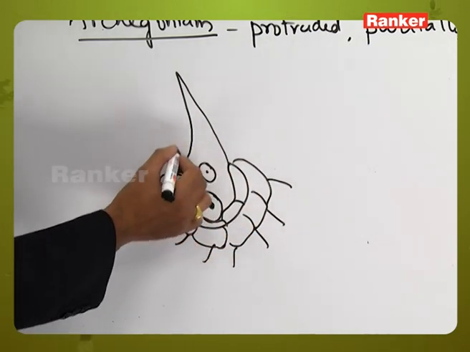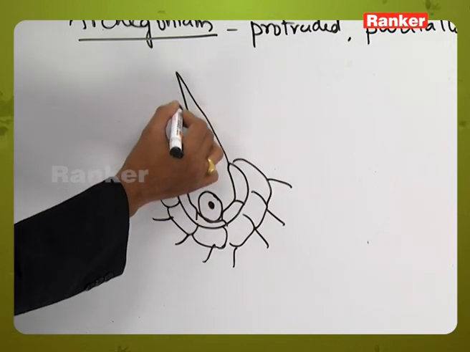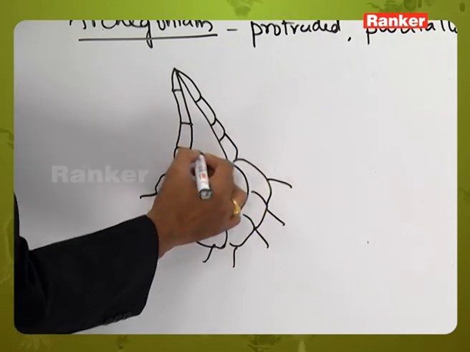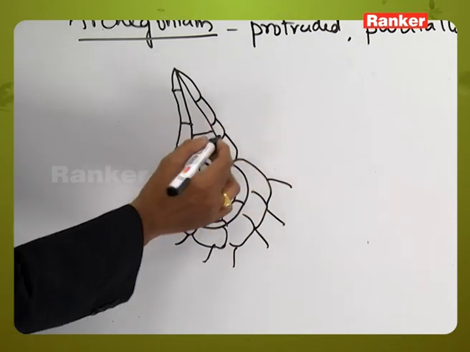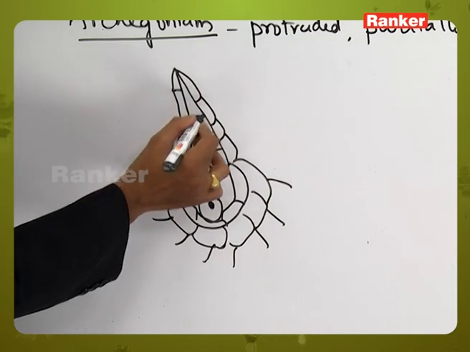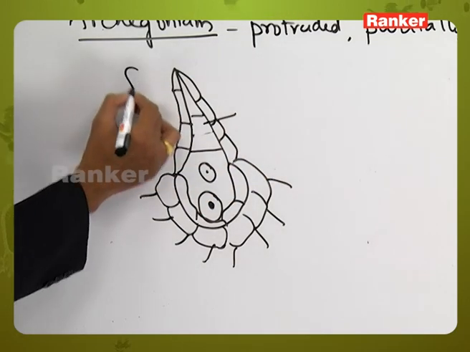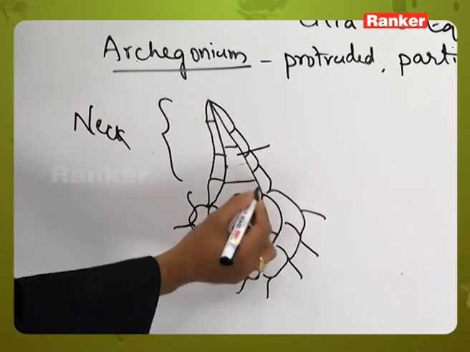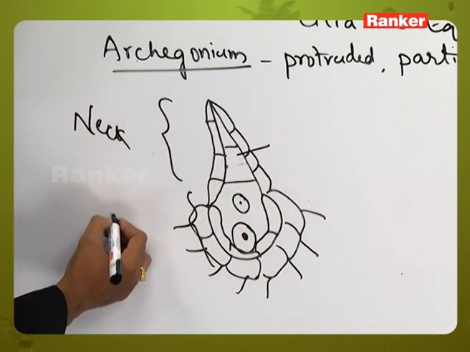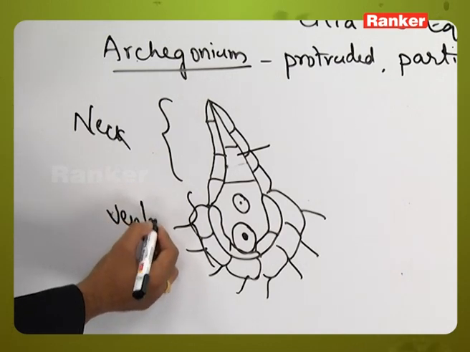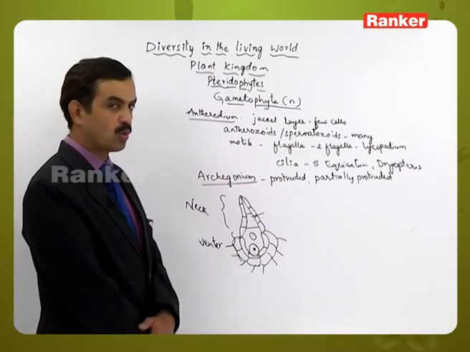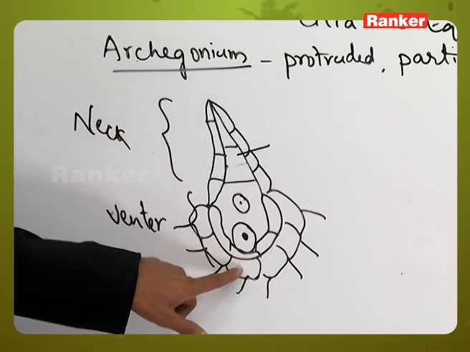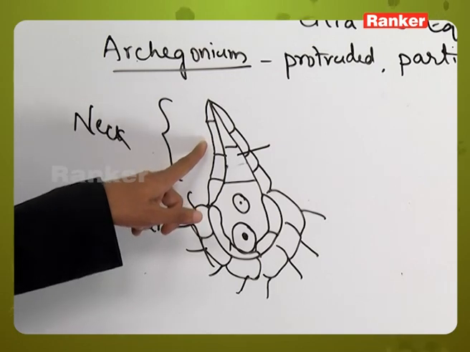Then above that, this part is called the neck, and this lower part is called the venter. So that means the archegonium contains only two parts, venter and neck. Venter is embedded in the tissue of the prothallus, whereas the neck is protruded outside.